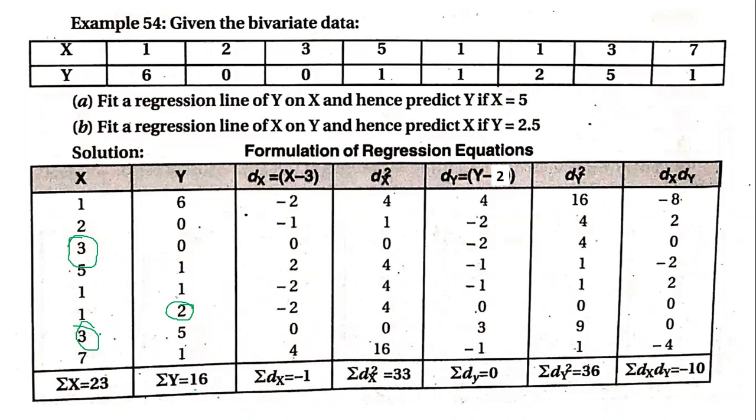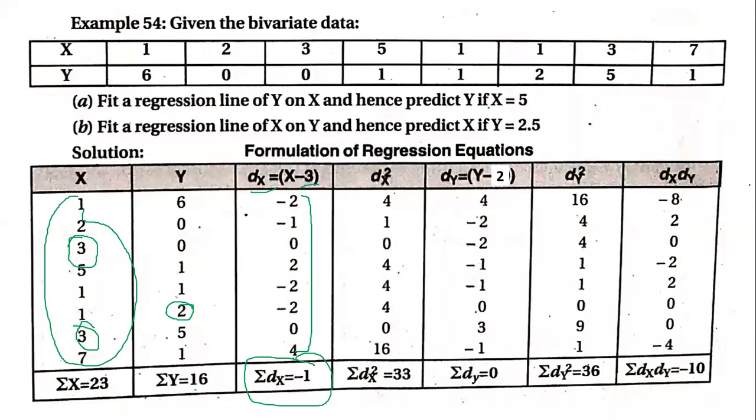So once you find the difference between the X values and 3, you will get the deviations. And once you add the deviations, you get sigma dx, which is minus 1. Okay, so this is deviations from X.